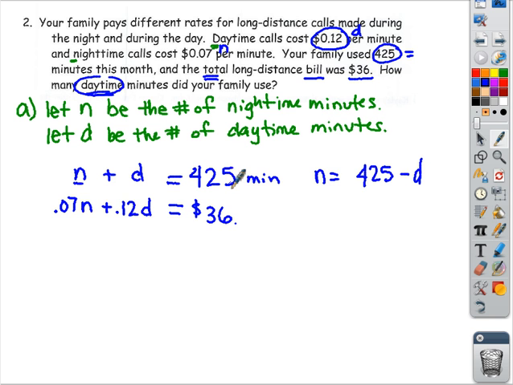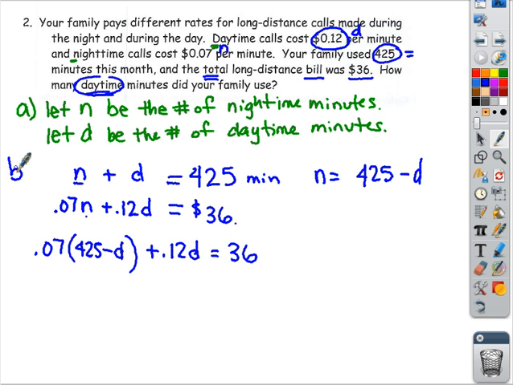So I just changed this equation so that I isolated my N. Now, in place of N, I'm going to substitute in what N equals. So 0.07 times 425 minus D plus 0.12D. So this is my part B, my equation, and this is my part C, solving it.